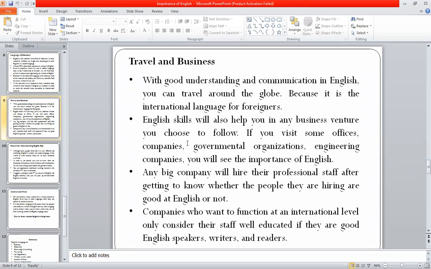Okay, so that happens because of this language. Okay, because it is the international language for foreigners. English is the international language, and it is not limited to England or Britain only, okay, or America only. It has spread all over the world, and all over the world it is used either as a first language or second language. Okay, so that happens because of the dominance of this language.